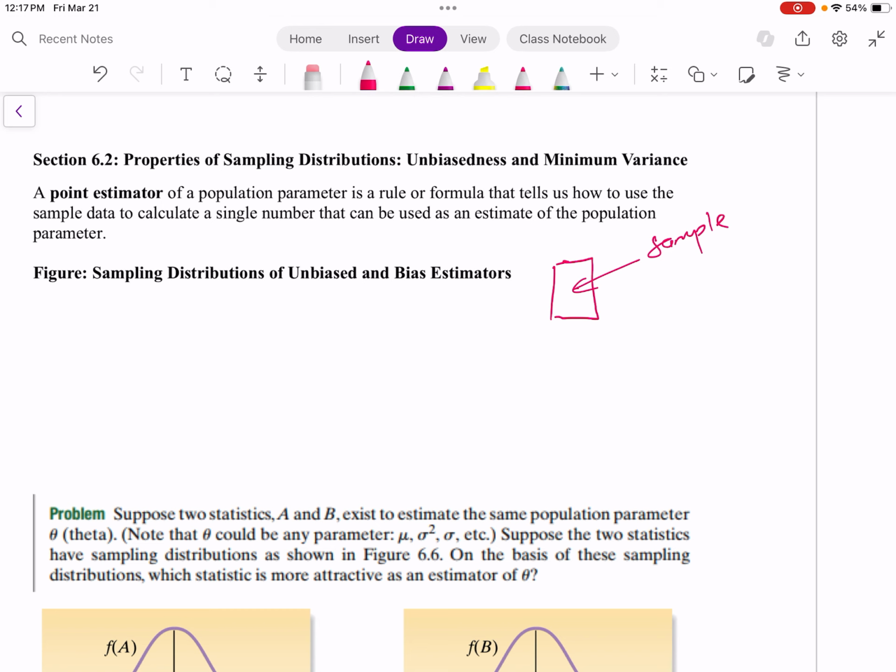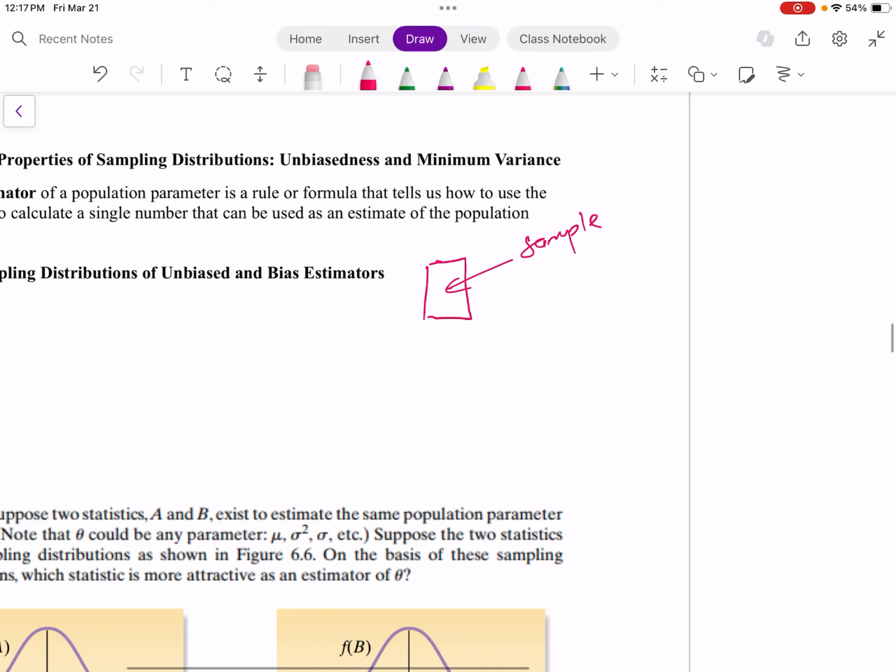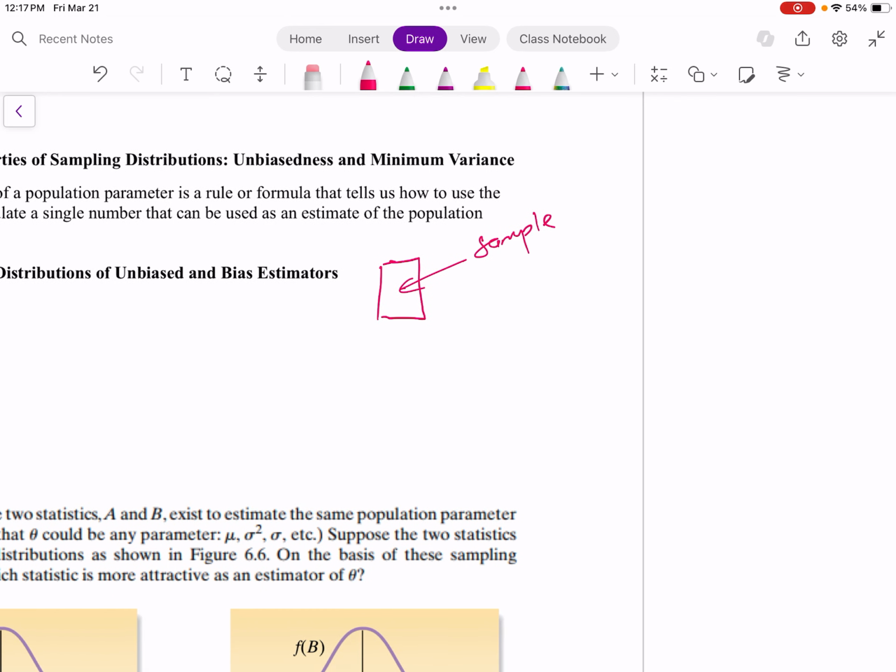We calculate a statistic, right? So here we have X bar, or we calculate the median, S square, S, okay? And these are single values. X bar is a single value for a sample. M is a single value for a sample, okay?